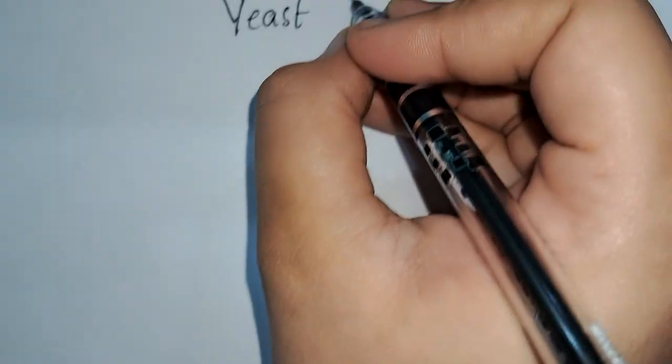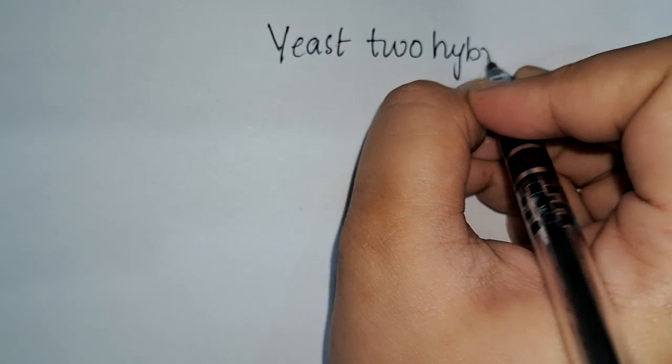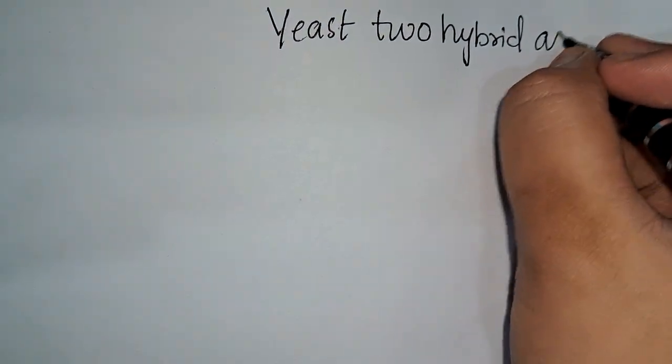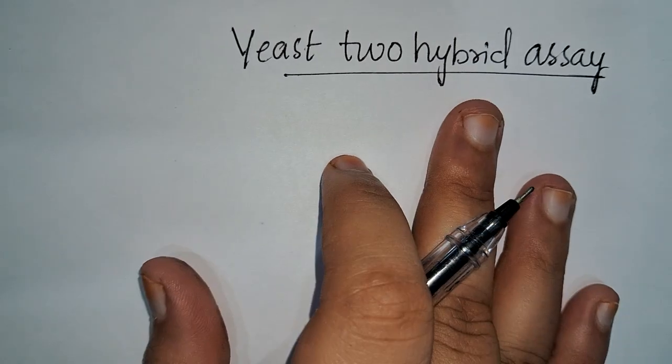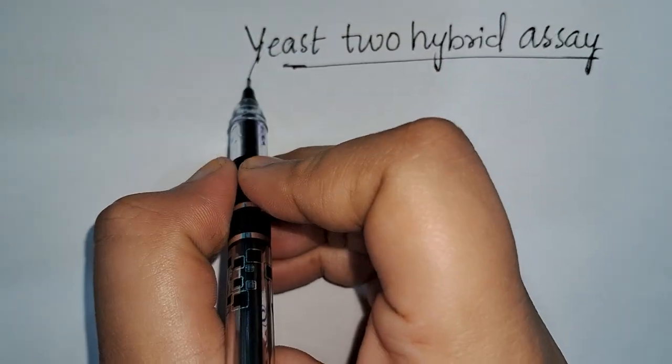Today in this video we'll see the topic of 101, that is the yeast two hybrid assay. So what is this? This is protein-protein interaction. It is a type of protein-protein interaction.